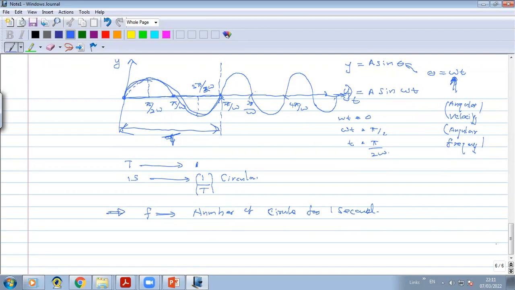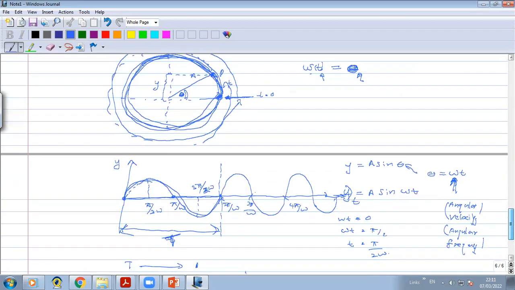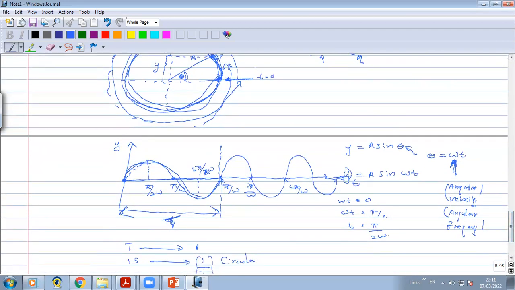If this omega is high, to complete 1 circle it will take very little time. If this omega is very low, that means this point is traveling very slowly from here to here, so it will take much time.